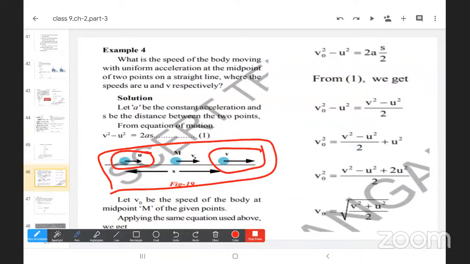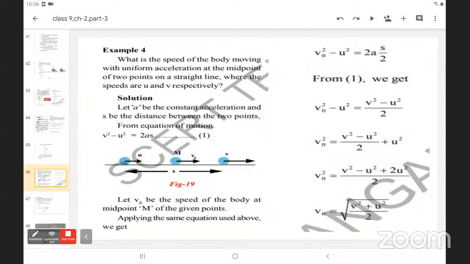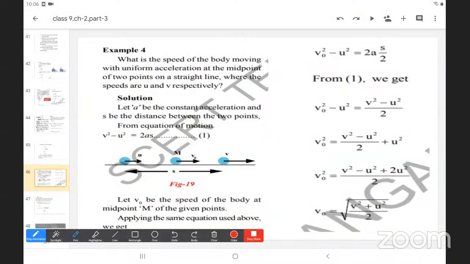So here, look at here, initial speed u given and final speed v given here, right?